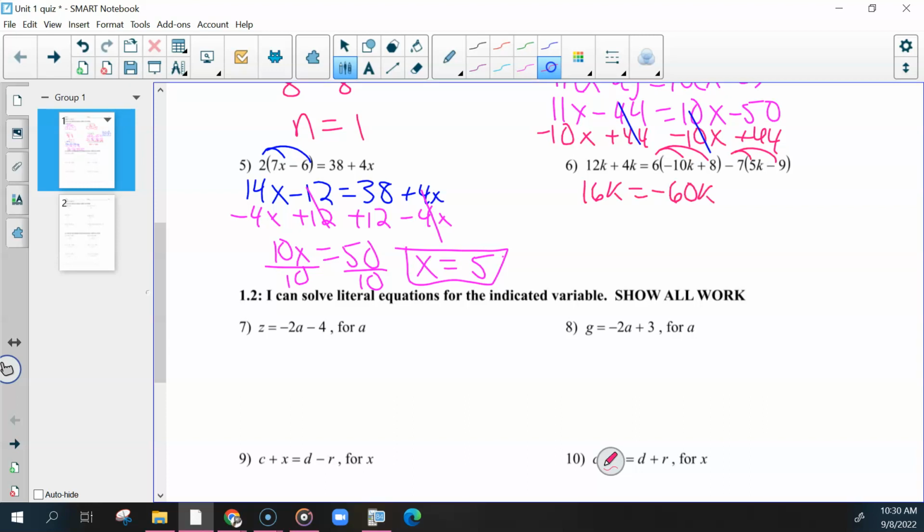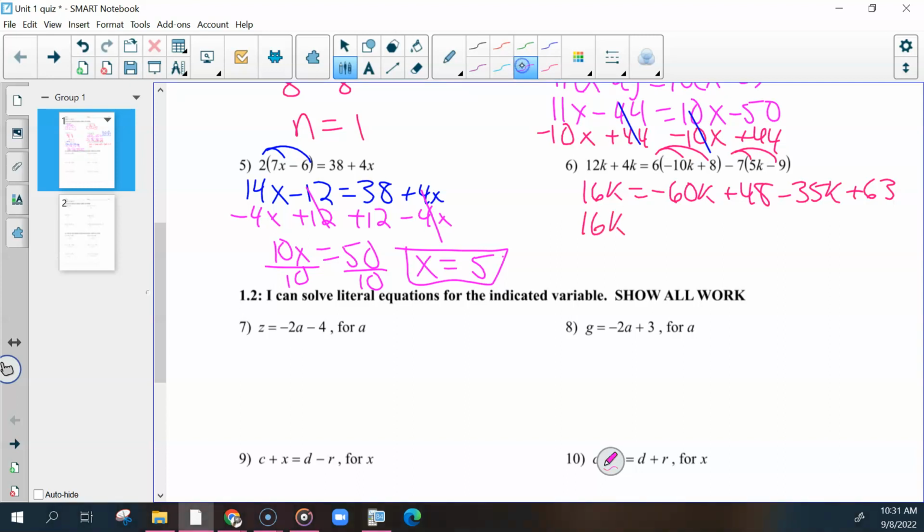So 16k equals negative 60k plus 48 minus 35k plus 63. If you put minus 63, the rest of your problem was wrong. You combined them correctly, but then got the wrong number, which just dominoes and affects everything else. So be very careful.